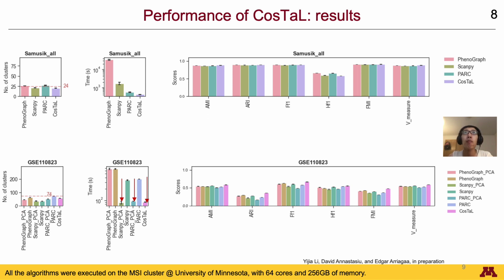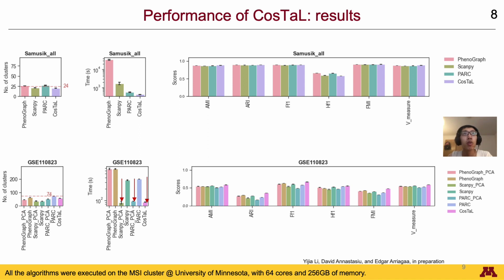And for the precision, CosTaL is performing very similarly to the others on the mass spectrometry datasets, but CosTaL is performing better than all the other algorithms on the single-cell RNA-seq datasets.